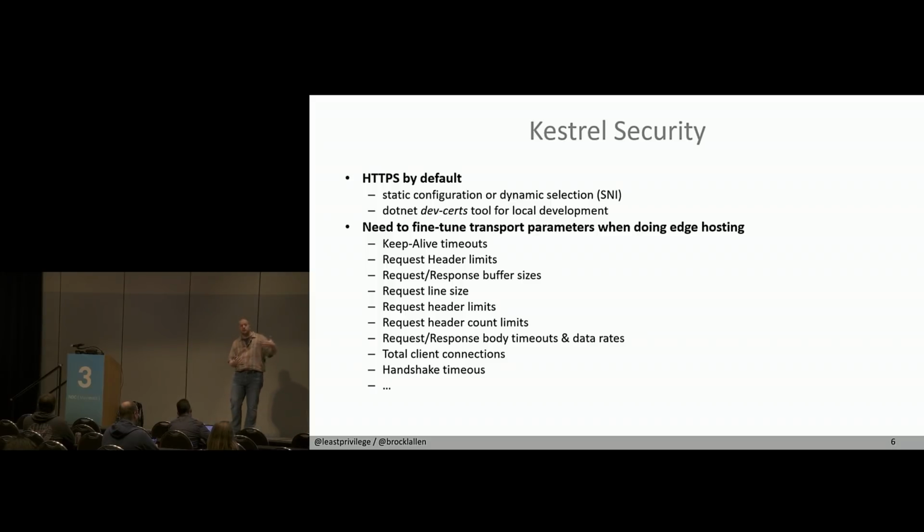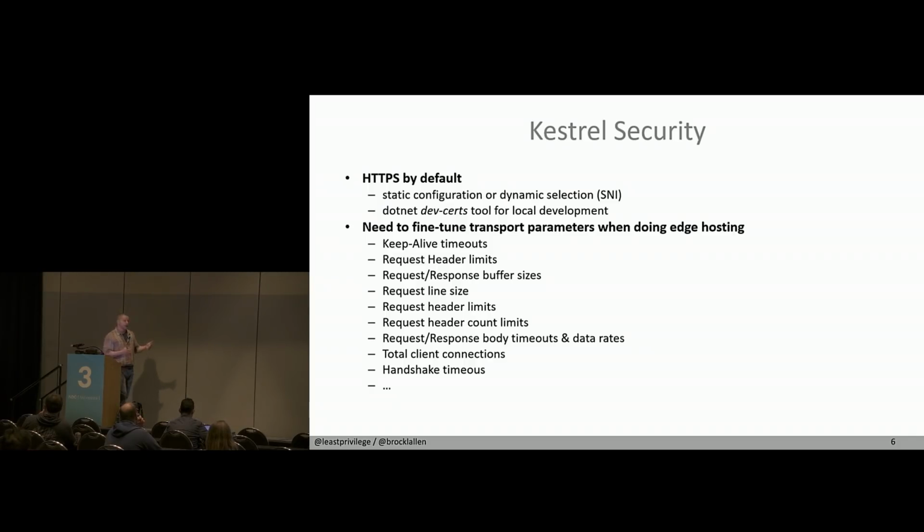If you do want to run Kestrel on the edge, then there are a bunch of default settings with how it deals with incoming network traffic from a security standpoint. But you need to be aware that these things are configurable, and depending on what your app is doing, you may have to get familiar with some of the low-level configuration settings, like the number of inbound requests that can be accepted, what the request queue is going to be, what the timeout is going to be when bytes are being sent in.